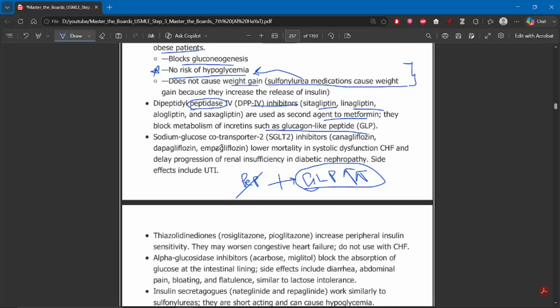So the other class is sodium glucose cotransporter 2 inhibitors: canagliflozin, dapagliflozin, and empagliflozin. Low mortality in systolic dysfunction, CHF, and delay progression of renal insufficiency. So there are two indications for this, that is CHF and renal insufficiency.